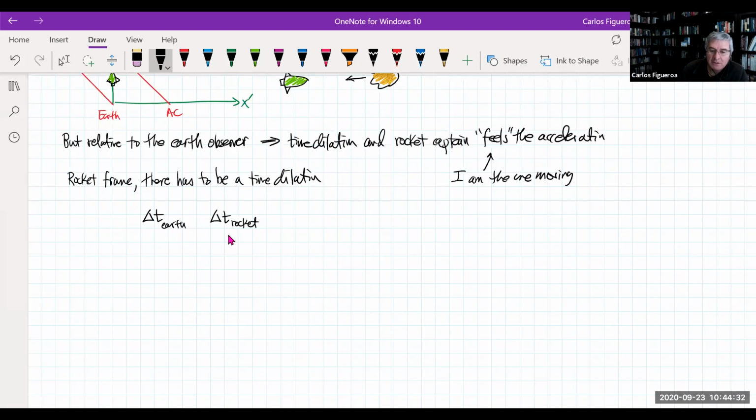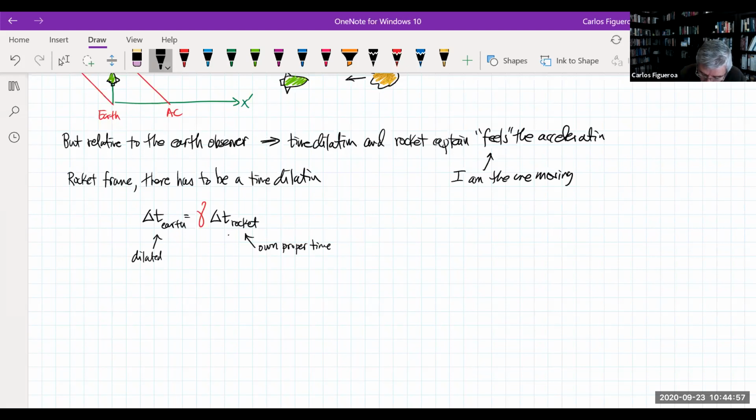If I'm in the rocket, then I have my own proper time. So therefore, that has to be the dilated time. And if that's the case here, then I put my gamma in the right spot.